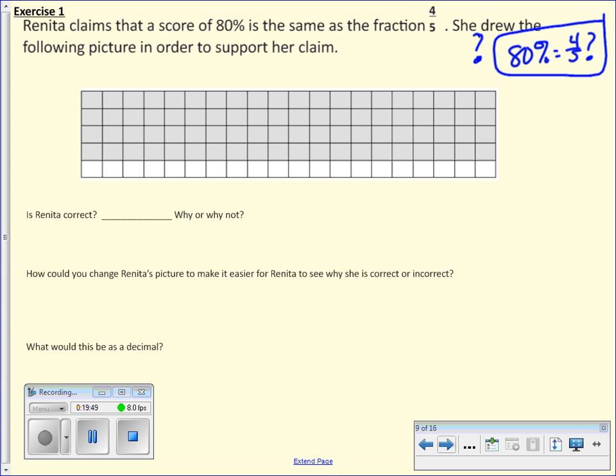So 20 by 5, it's a 100 grid. I wonder why they did 20 by 5 to make 5 rows. Why did they do 5 rows and then only shade in 4 of the 5 rows? Why didn't they just do 10 by 10? Why did they do 20 by 5?